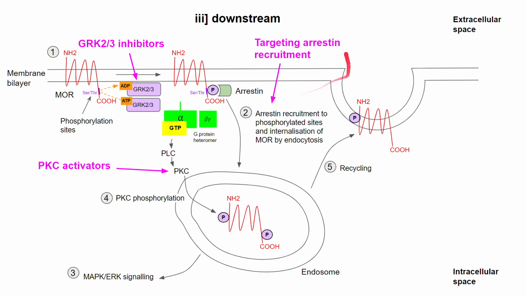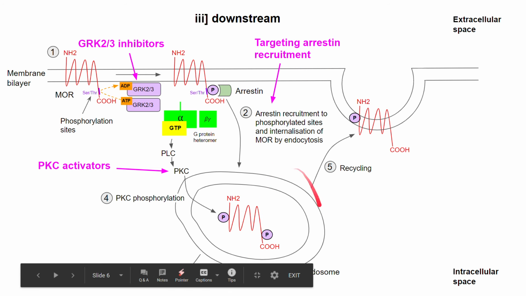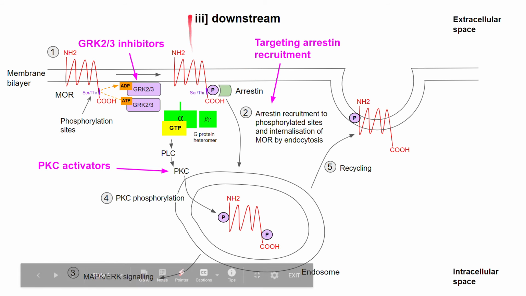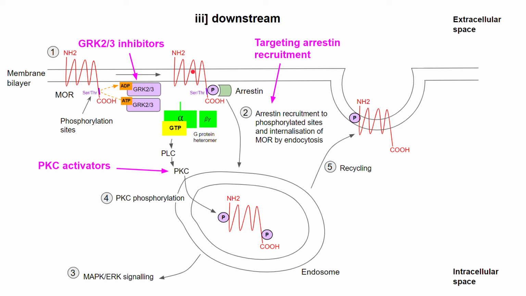You could also target arrestin recruitment by either sequestering arrestin, preventing it from being produced genetically, or blocking its binding somehow. Any intervention which prevents arrestin recruitment would prevent internalization of the opioid receptor, so it could still be activated and prevent tolerance.